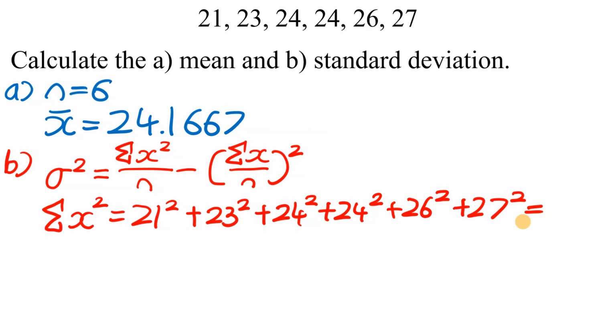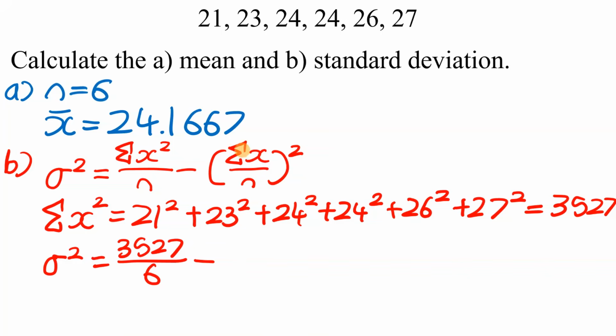And if you put this into your calculator, this is equal to 3527. So therefore the variance is going to be this sigma x squared, which is 3527, divided by n, which is 6, and then minus this here.